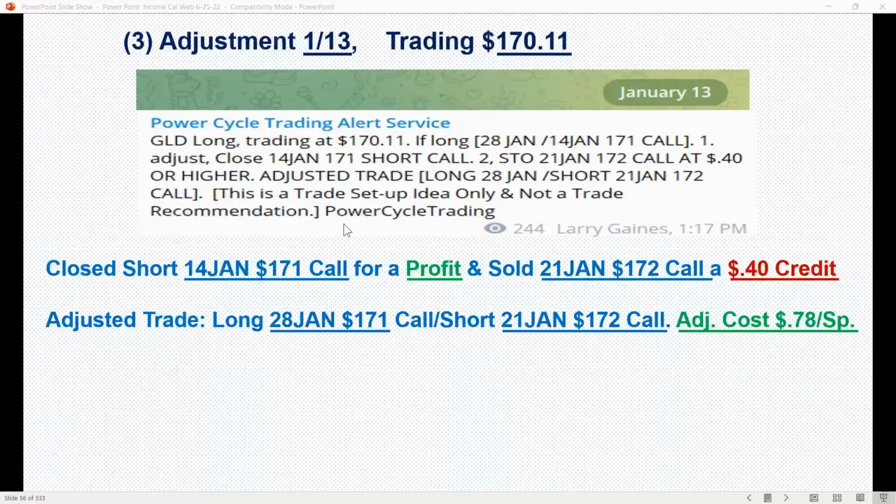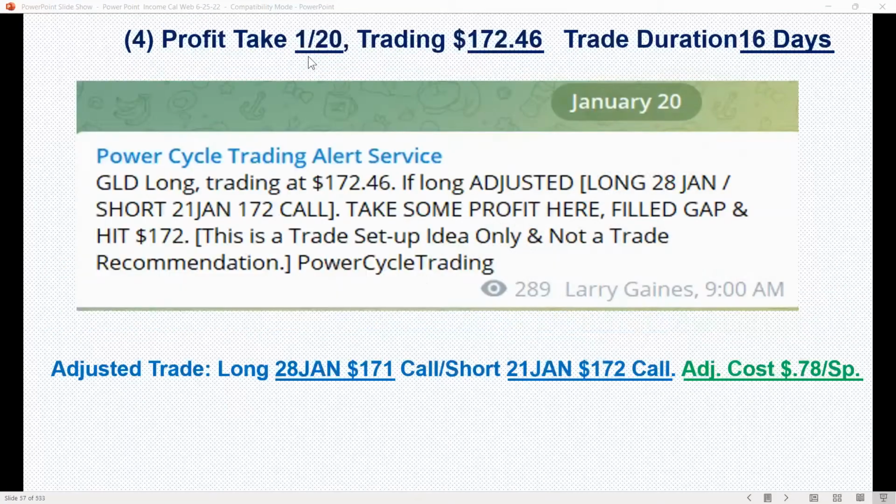The outcome is on the 20th, it was trading at 172.46. It took 16 days to get there, but now the trade has moved up. We amortized the trade cost down over two different adjustments.